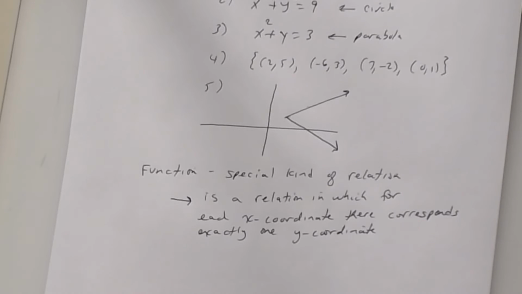So a function is a relation in which for each x coordinate there is exactly what? One y coordinate. That's the definition of function.